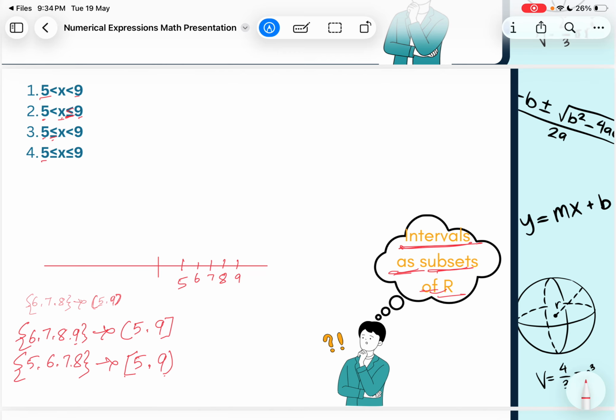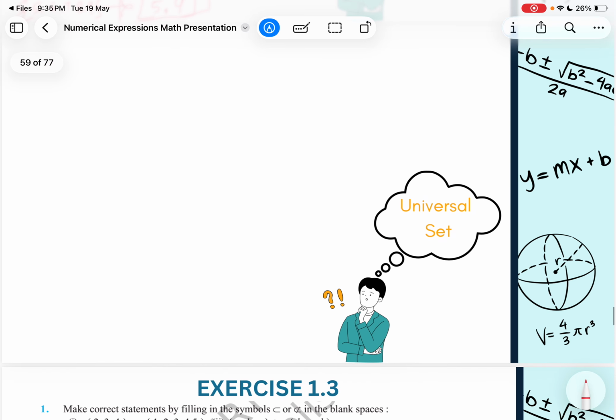Now in another example 5 is included and 9 is also included. Both have an equal to sign, so we can write 5, 6, 7, 8, 9 and represent this as square bracket 5 comma 9 square bracket. So this representation is called intervals as a subset of R. I hope you have understood this.